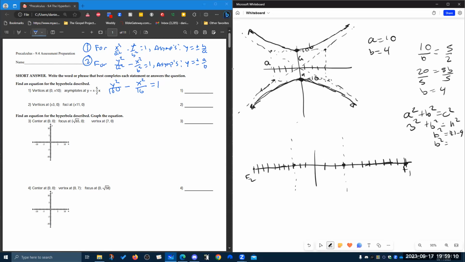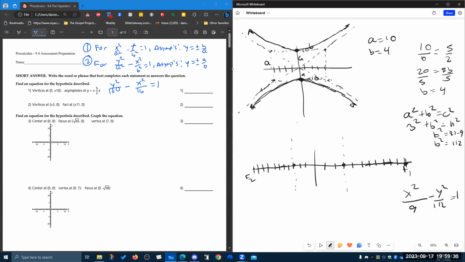B squared is equal to 112. And so my equation here is going to be x squared over 9 minus y squared over 112 is equal to 1.